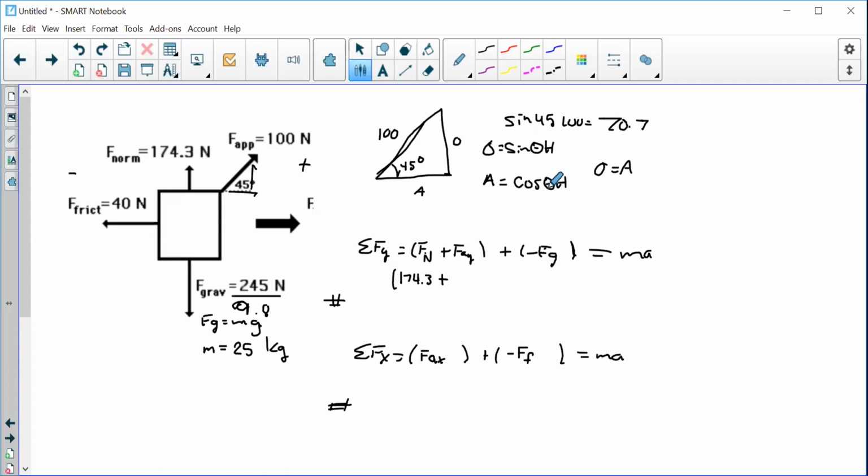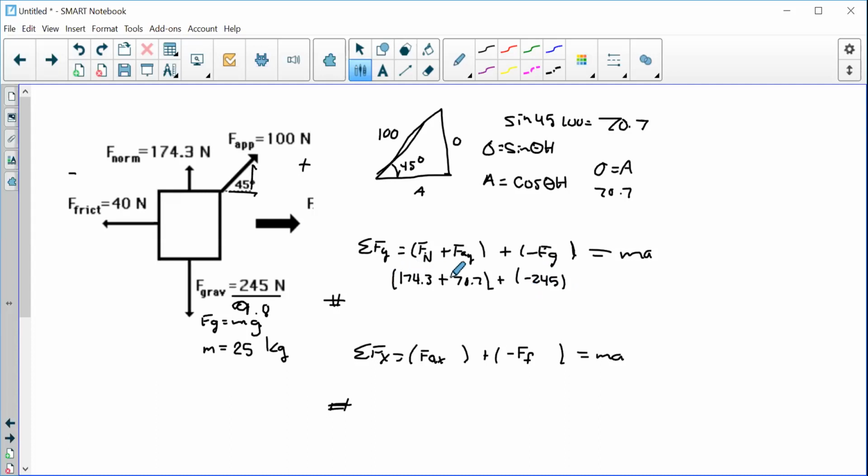As we stated earlier, A is equal to O, so A is also equal to 70.7. We'll need that in a minute. So we plug in that 70.7. And then let's look at our gravity force. It's going to be negative 245, so plus negative 245.